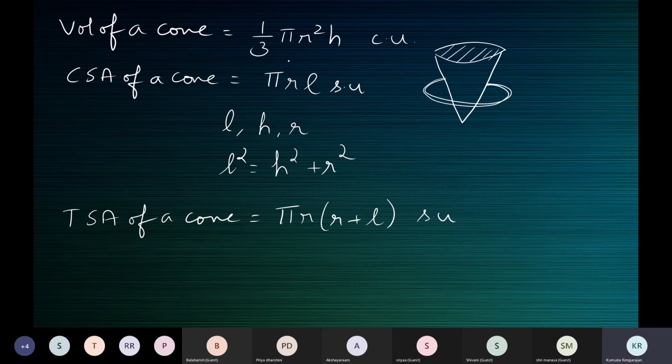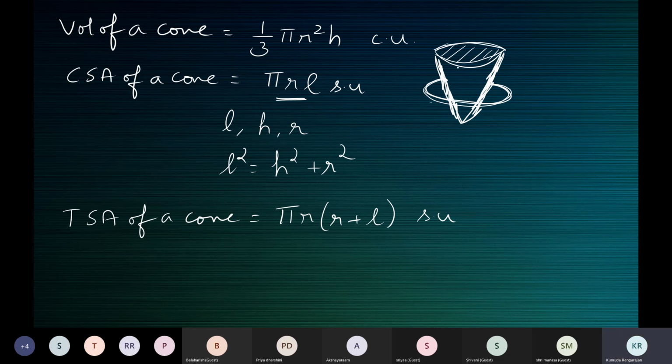Volume of a cone, 1 by 3 pi r square h. CSA, curved surface area, pi RL. That is the curved surface area, the area of this portion alone. The total surface area is the curved surface area and the area of the circle here.